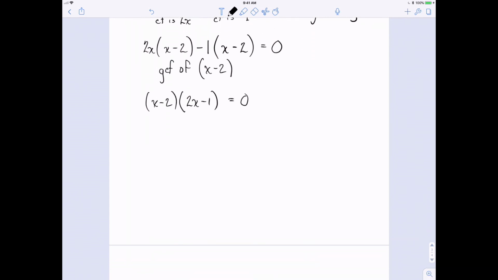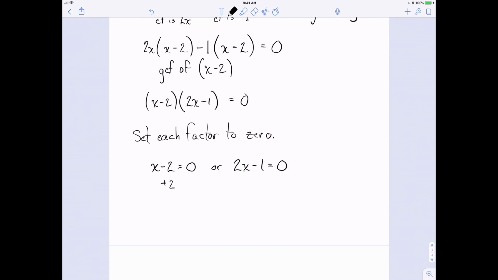And then, remember, we set each factor to 0. So this is going to give me x minus 2 equals 0, or 2x minus 1 equals 0.